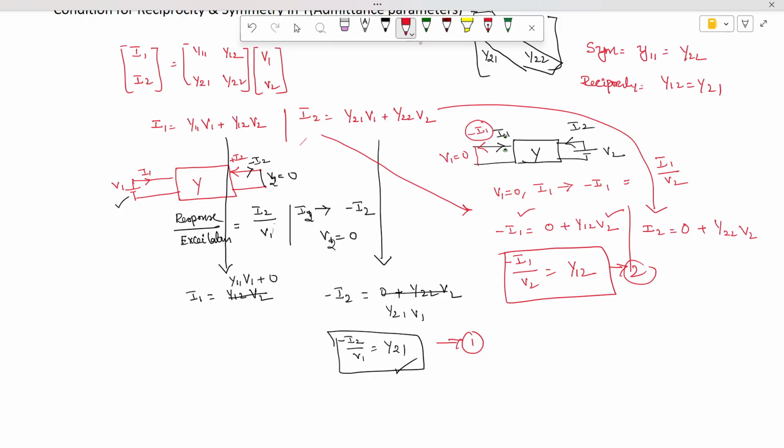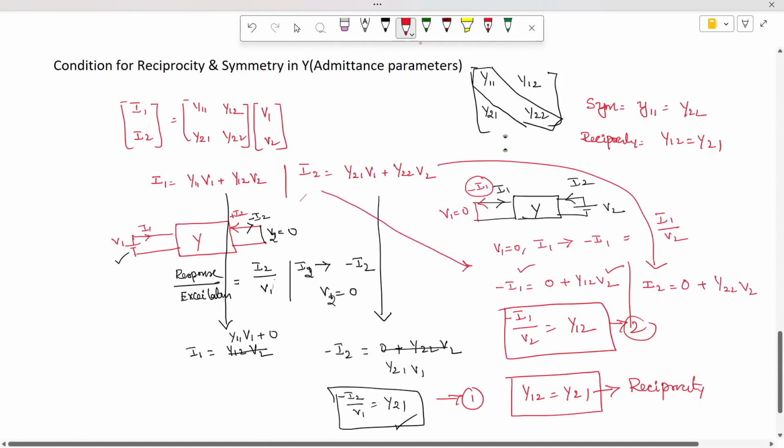When you compare both equations, automatically we get a relation: y12 is equal to y21 is the condition for reciprocity in y parameter model. So already we told, this is the condition for reciprocity for y parameter model.